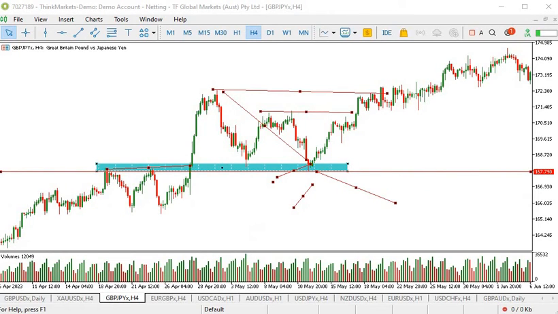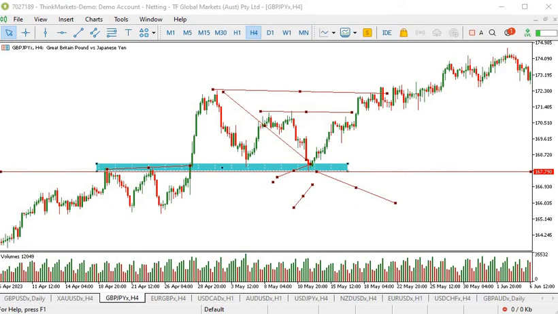And I would say that is a very professional risk to reward ratio, highly recommended. Even if you are using a 1:2 risk to reward ratio, it is still great.